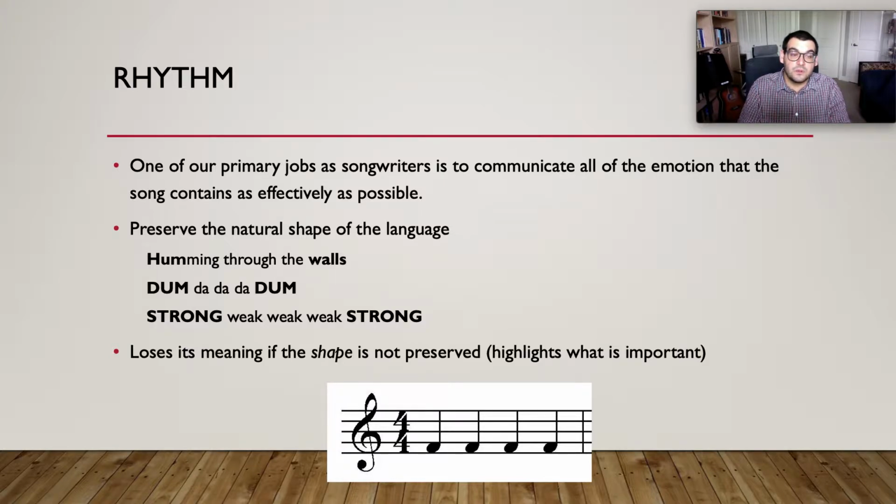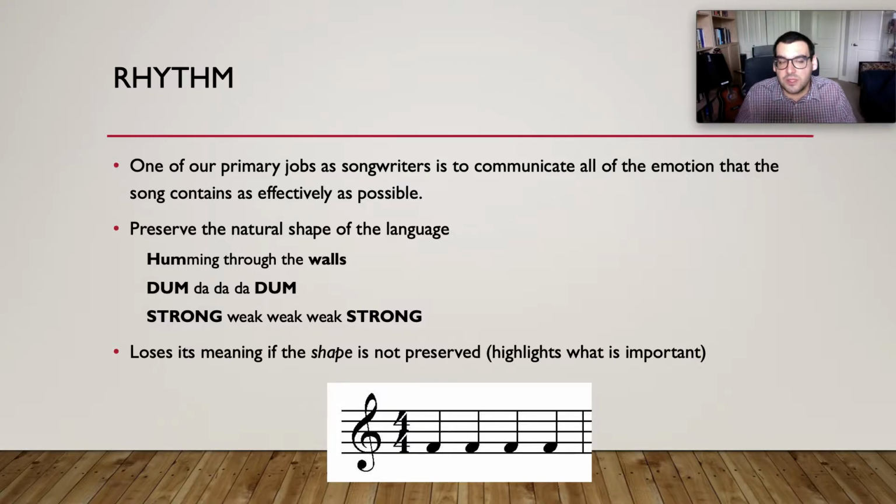The phrase loses its meaning if we don't preserve the shape of that phrase itself, if we don't preserve where we stress those syllables. So here's the right way. Humming through the walls.